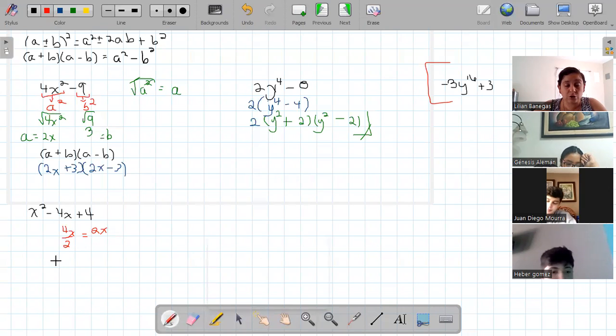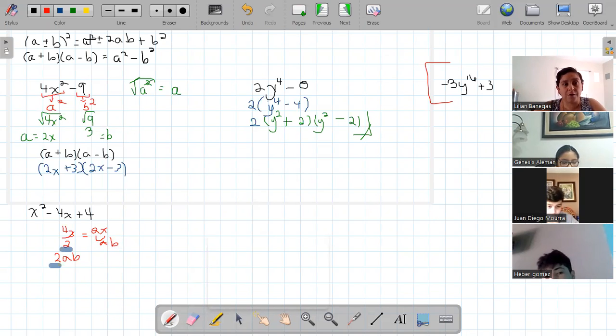Remember, the middle term is 2ab. Since we divided by 2, this 2 is this one over here. So this 2x that we got is actually a times b. This is a times b, okay?